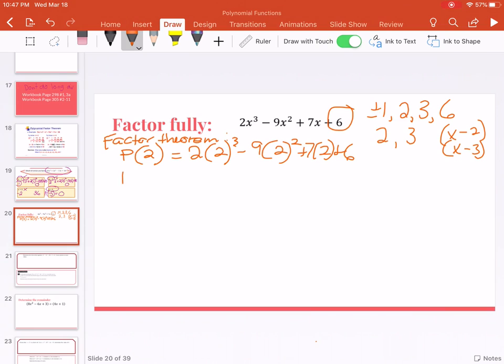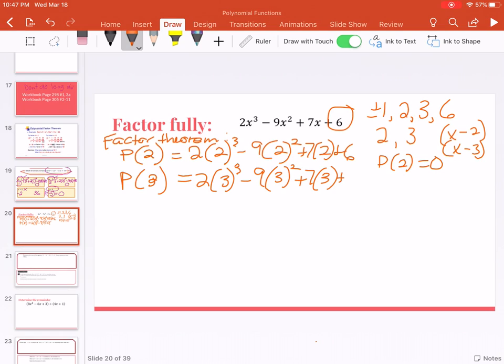And then if I substitute 3 in, so I know p at 2 equals 0. I know p at 3 also equals 0. So I know for sure x minus 2 and x minus 3 are factors, and I've shown that.